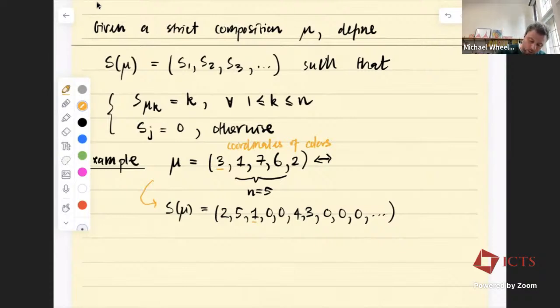Likewise, the second entry is the coordinate of color number 2, and in this case it's positioned at location number 1. So you're always going to get a string of this form where each of the colors, 1 up to n, appears exactly once, and everything in between will just be zeros. We're basically going to toggle between the two of these when we define the functions that are of interest to us.